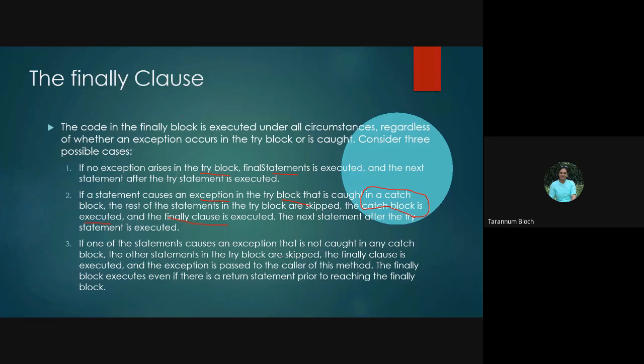Suppose one line of code in the try block causes an exception, and that is not caught by the catch block. In that case, the try block will not be entirely executed because the exception occurred, and since the exception is not caught, the catch block is not executed.